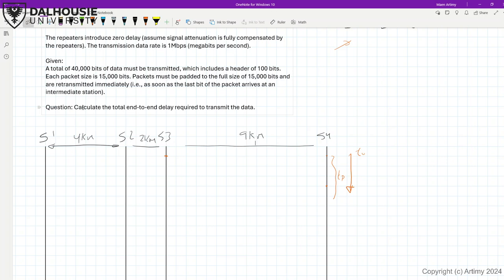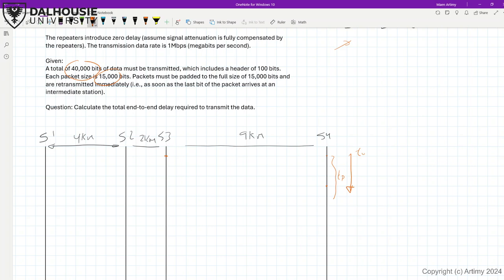All right, so let's hold on this for a second and imagine how things will work. Without going into details, since we have 40,000 bits of data and we need to divide them into 15,000 bits, this means that we will have multiple packets.